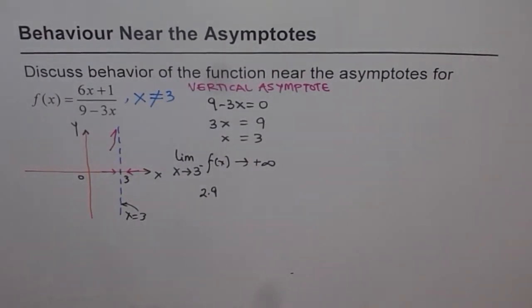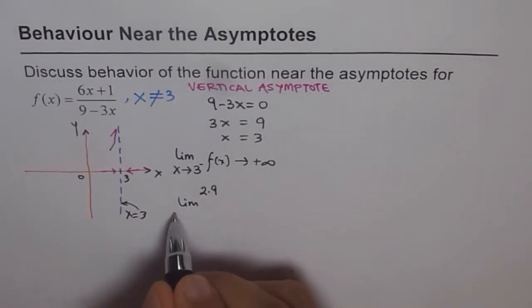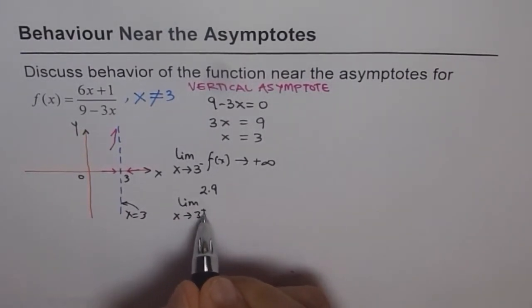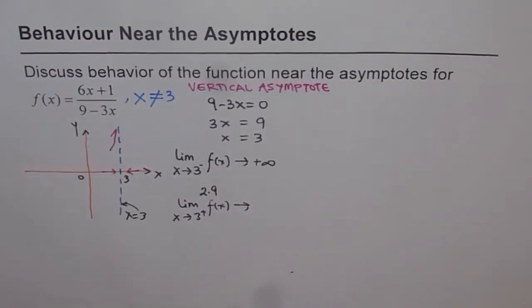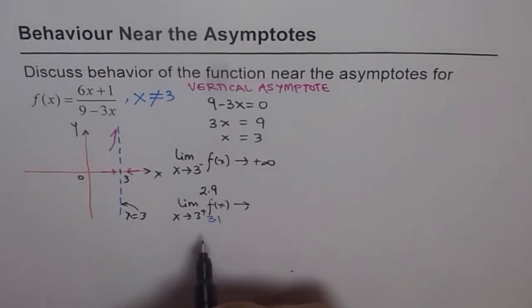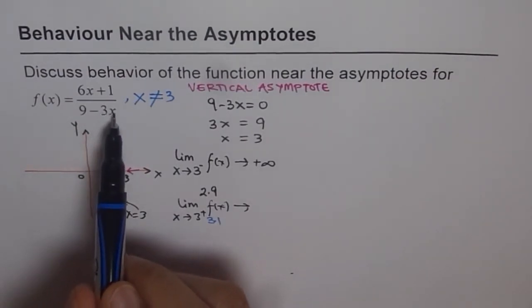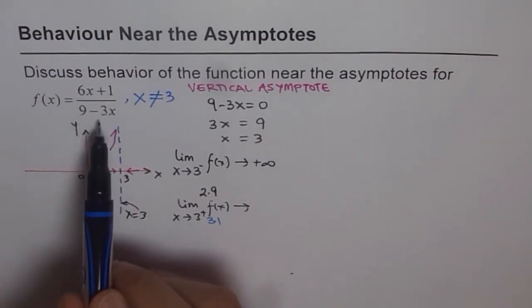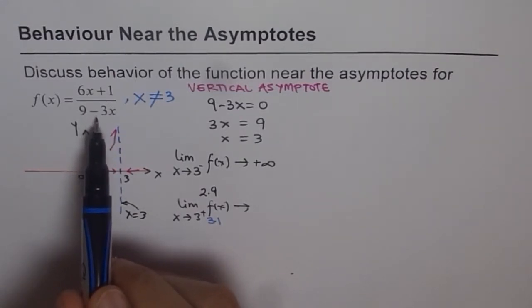Now let us consider the limit of the function when we approach 3 from the positive side. What happens to the value of the function? This is what we need to answer. For this, we can put a test point of 3.1, right? If 3.1 is placed here, 3 times 3.1 is going to be more than 9. In fact, it is 9.3, so the denominator will be negative.